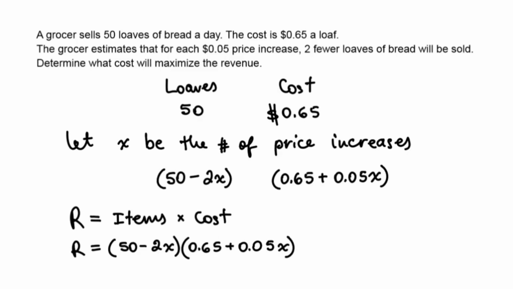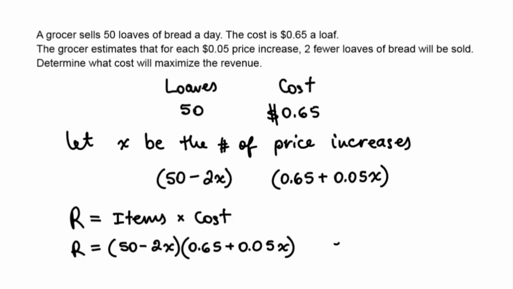In order for us to determine the maximum revenue that we could get and then determine the cost that will produce that maximum revenue, we need to convert this equation into the standard form first and then into the vertex form. And then from there, we'll be able to get the maximum revenue. We'll be able to see how many increases in price will result in the cost that will maximize the revenue.